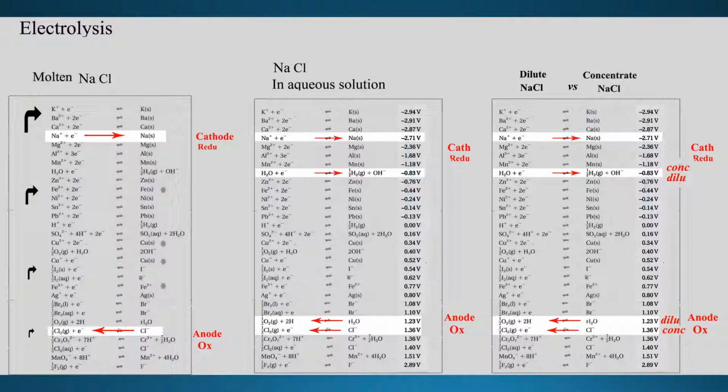The middle, NaCl in aqueous solution: you have water and chloride at anode, and sodium and water at cathode. Now, when we consider dilute NaCl and concentrated NaCl, we further highlight that in dilute situation at anode, water reacts. In concentrated situation at anode, chloride reacts.